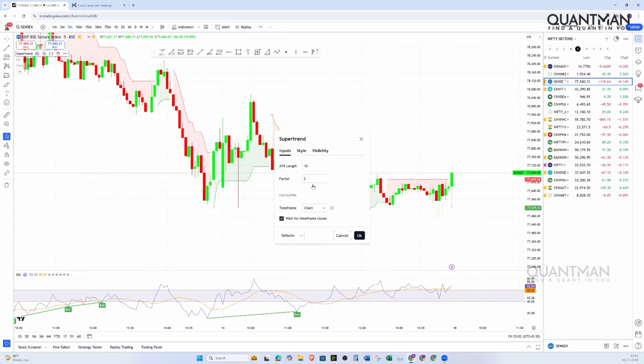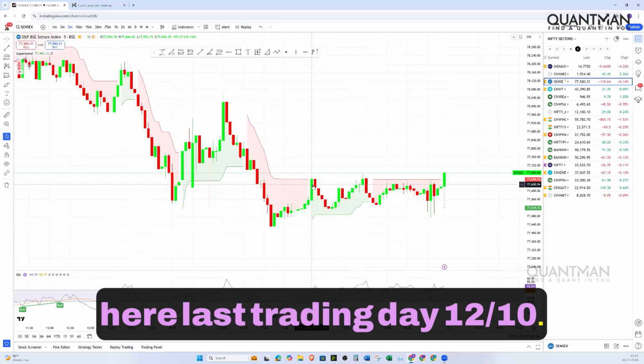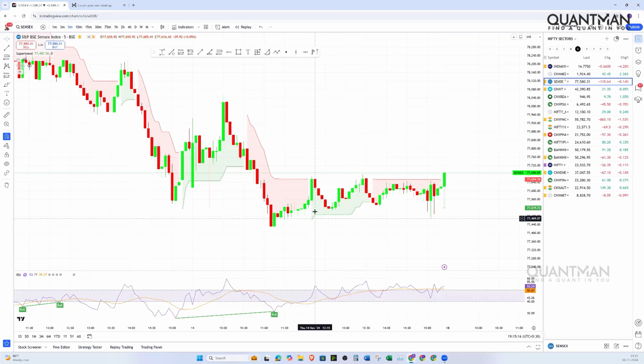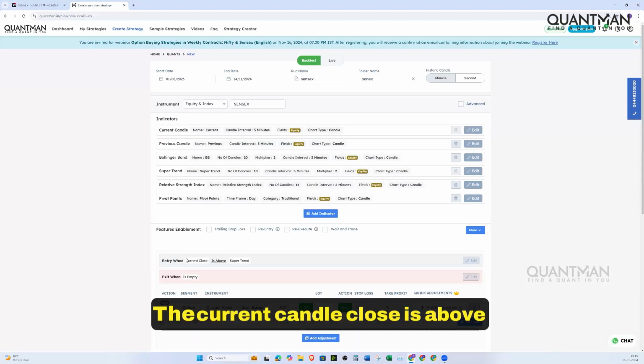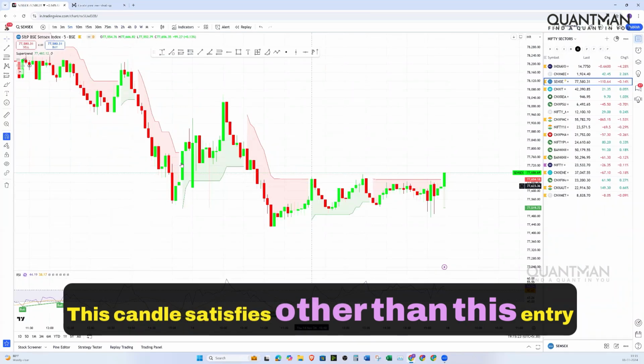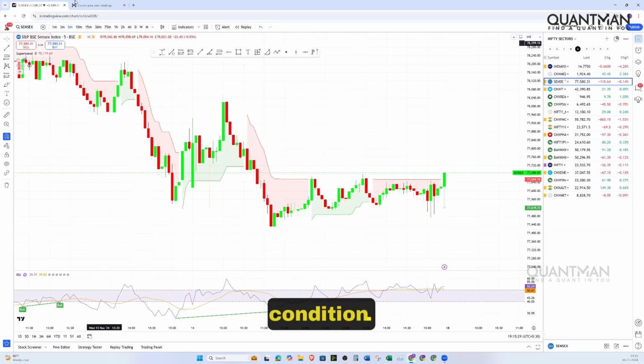On the last trading day, the 12:10 candle gives the buy signal. Super trend is in buy signal, the current candle close is above super trend. This candle satisfies the super trend condition.